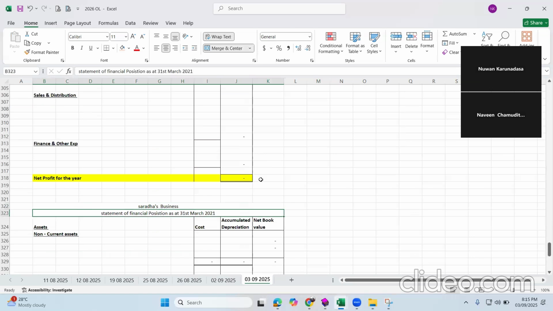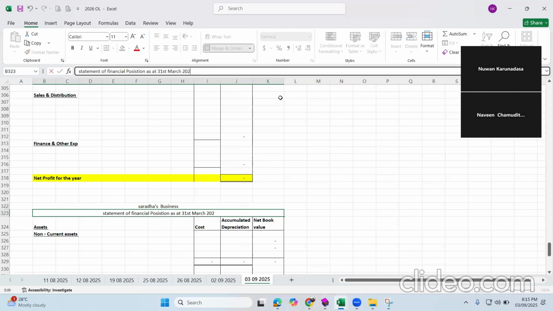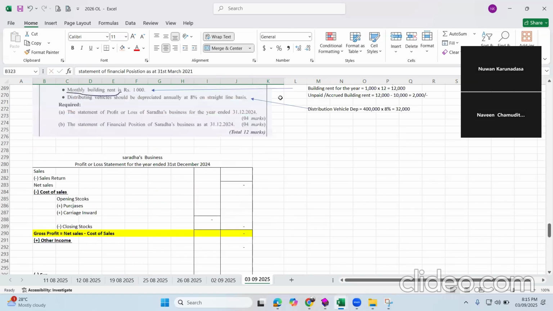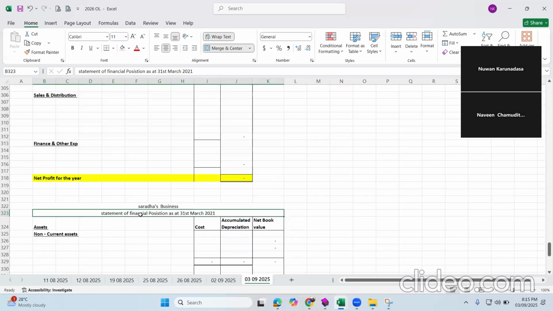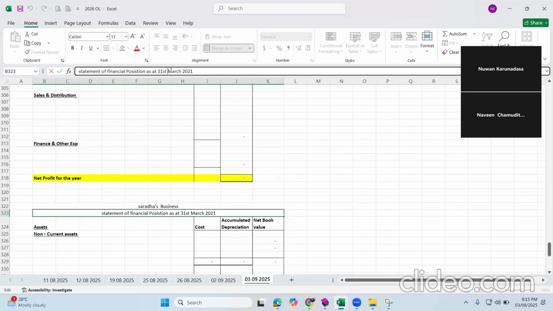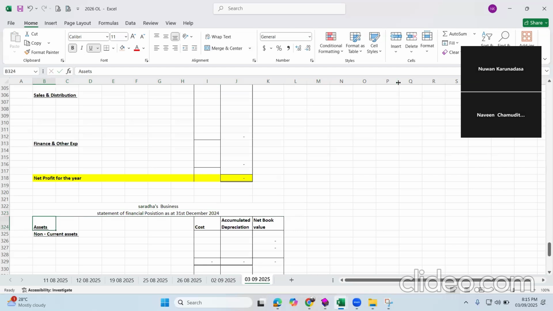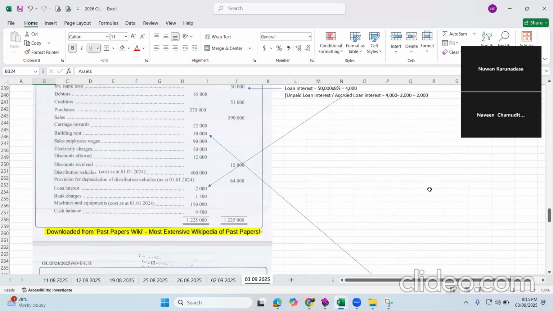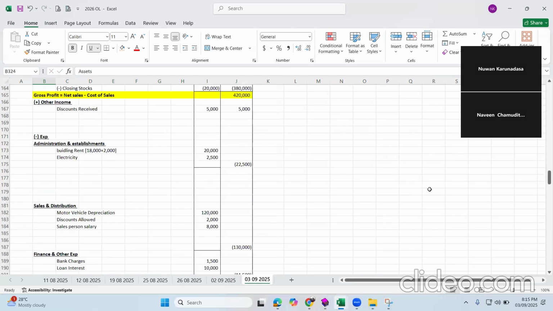Sarada's business statement of financial position 31st March, not 31st March, 31st December 2024. In the previous question, I had taken December or March.